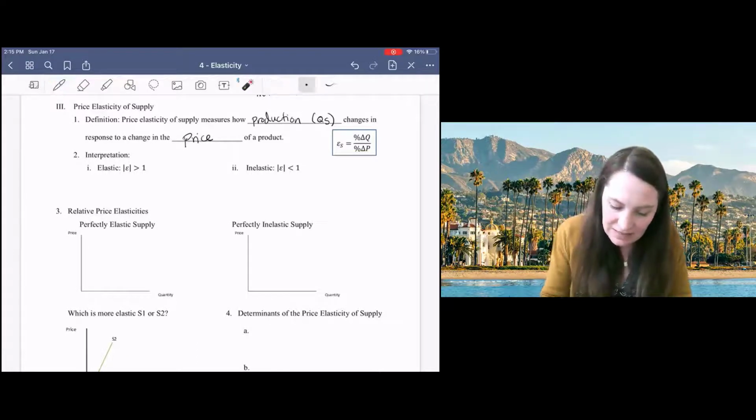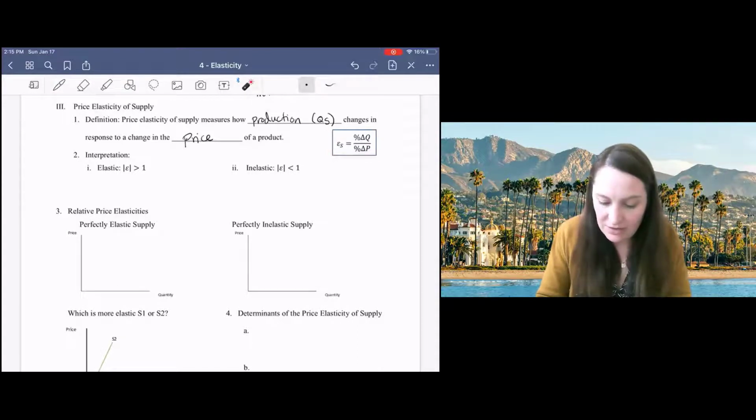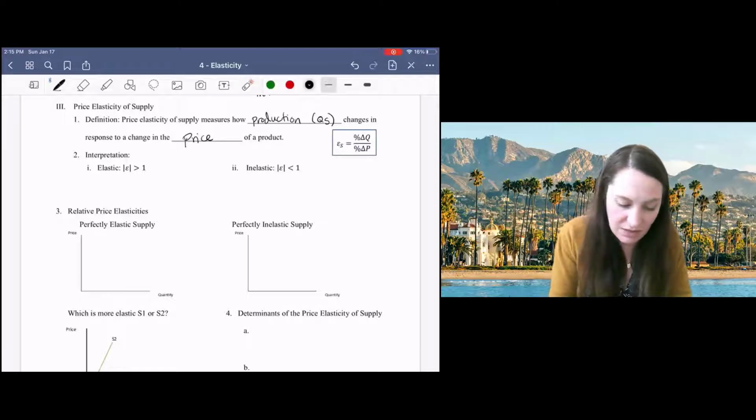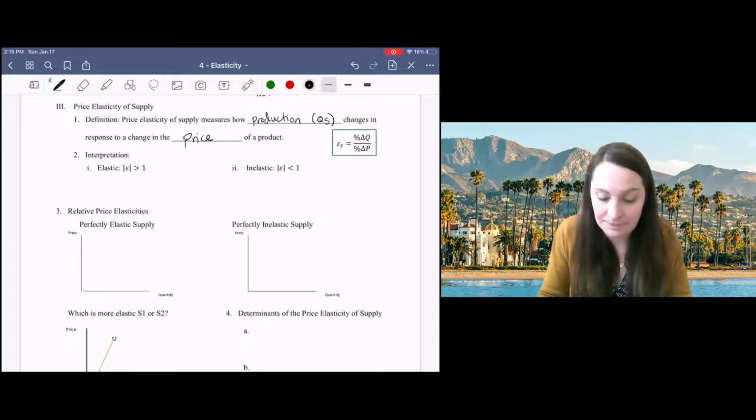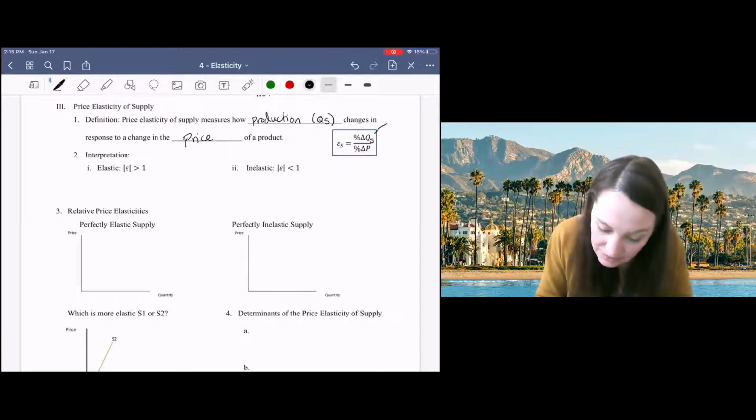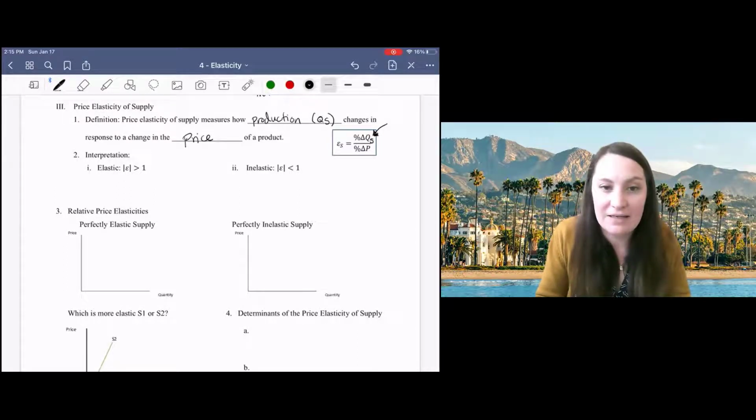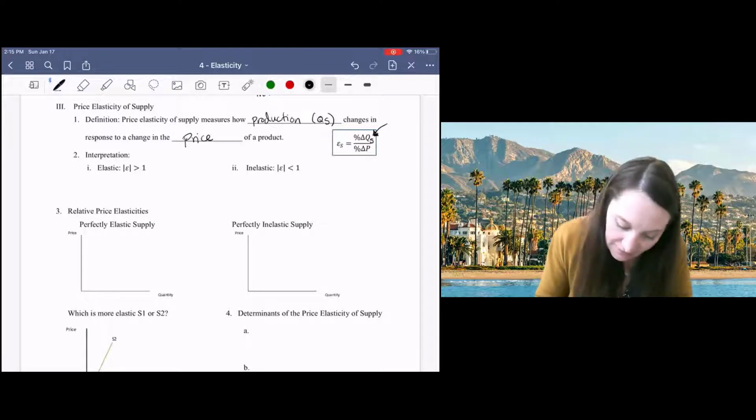So you can see here that the price elasticity of supply is also calculated using percent change in quantity over percent change in price. The difference here is using the quantities supplied rather than the quantity demanded. And you can also use the slope formula.